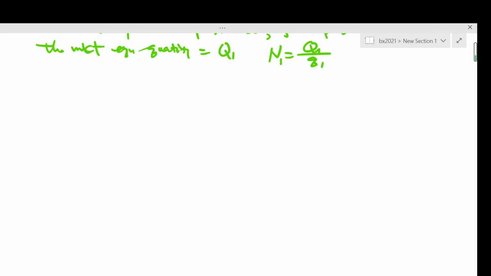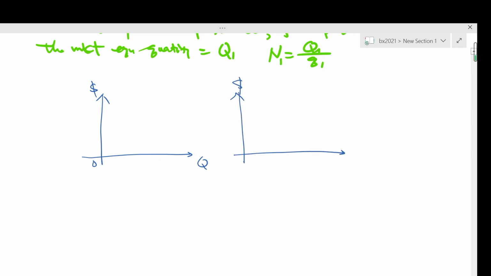What about, let's say, we have the typical, the standard cost function.